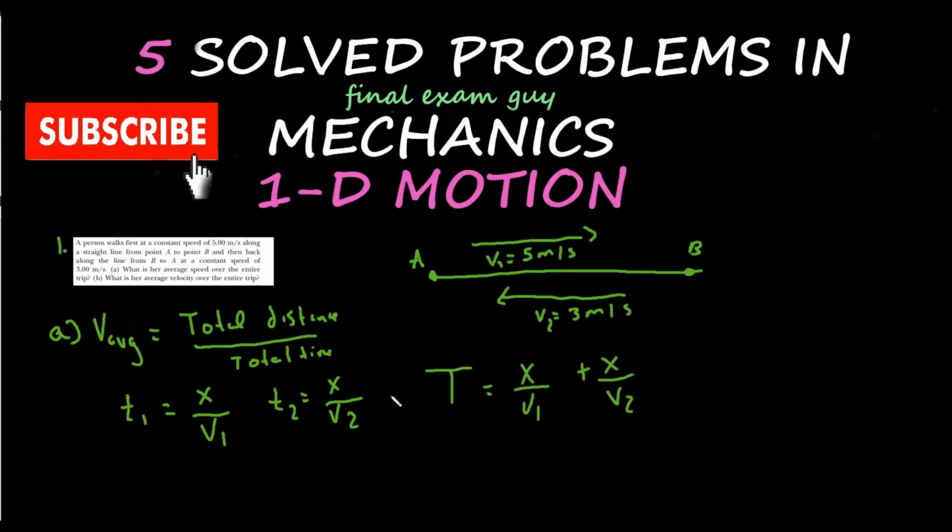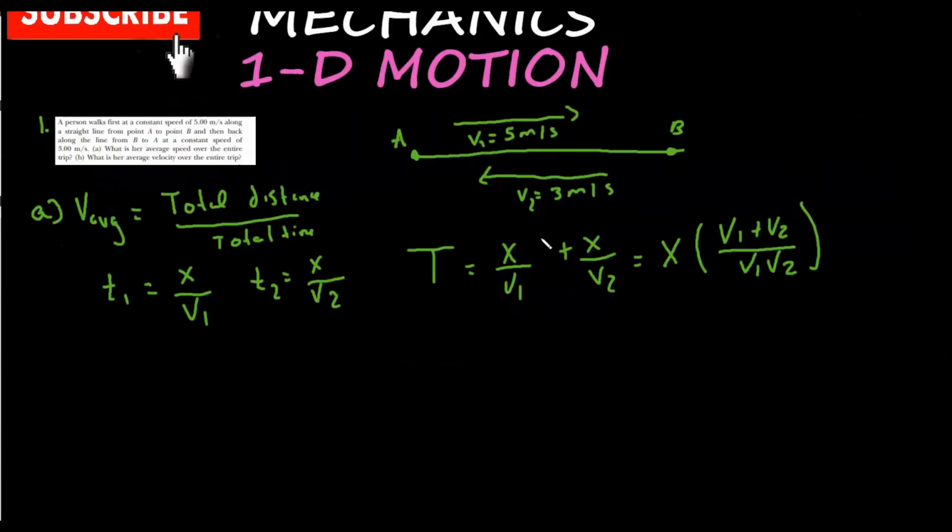Correct? So we can actually factor out an x here. X times (v1 plus v2) over the common denominator, v1 v2. Right? Good so far? So what is the total distance for this top part of the equation? Total distance is how much she went forward plus how much she went back.